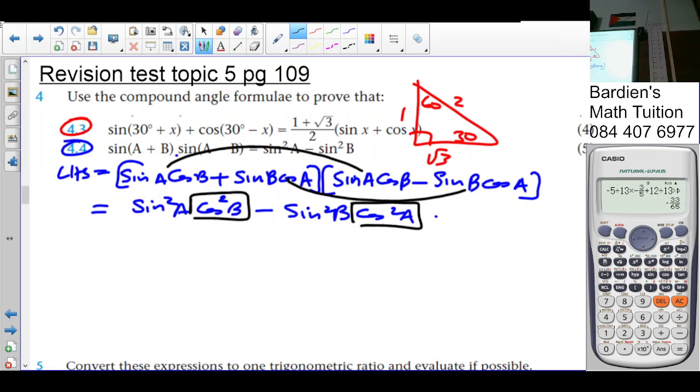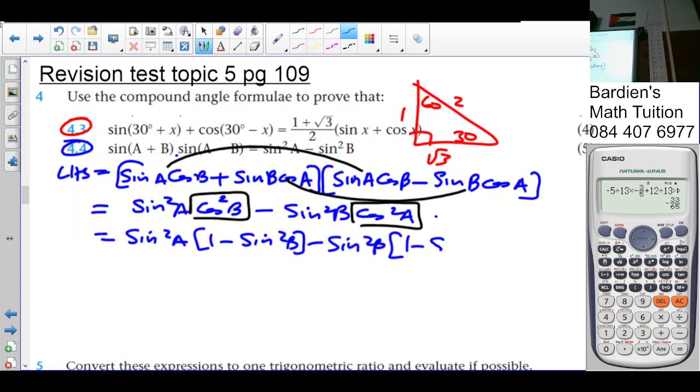Cos squared of B can be written as 1 minus sine squared B, and cos squared A can be written as 1 minus sine squared A, sorry.